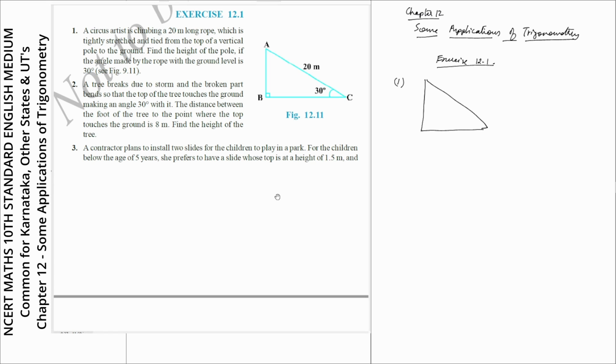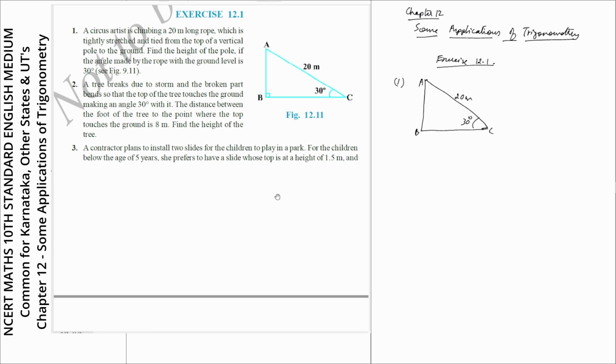AB is the pole, and AC is the rope, and from point C, that circus artist is climbing upon the rope, and the angle of elevation is 30 degree. So the length of the rope is known, that is 20 meter.